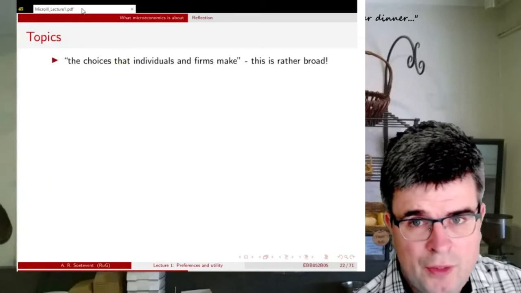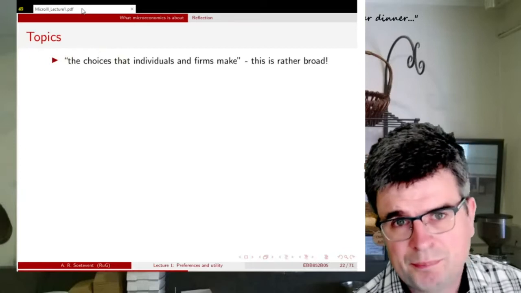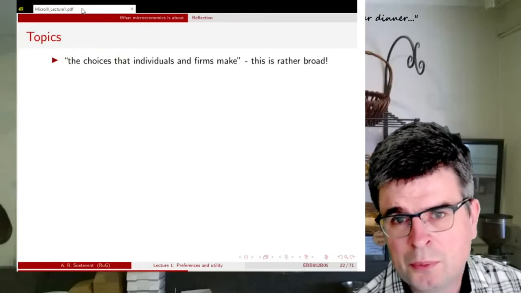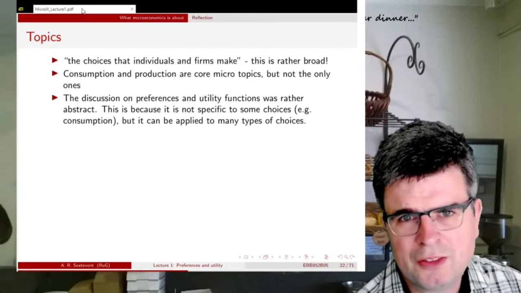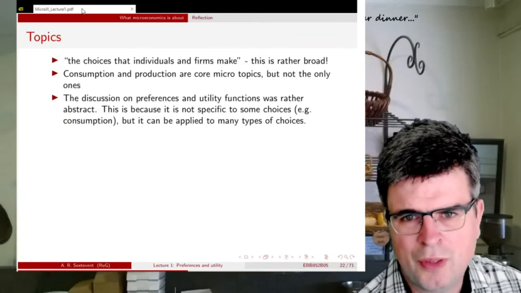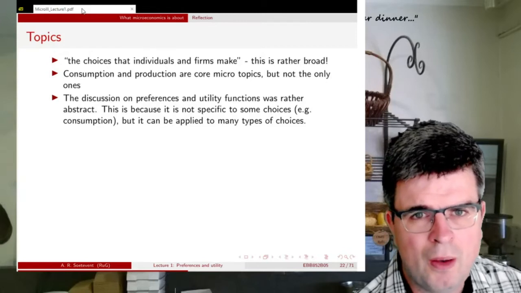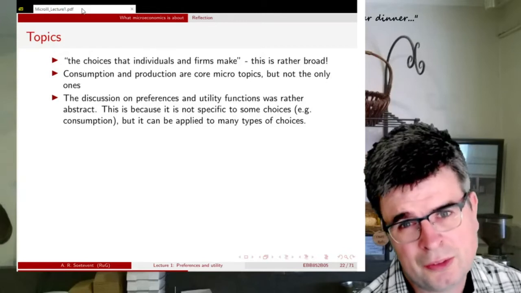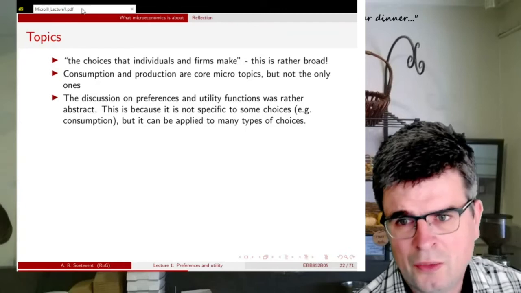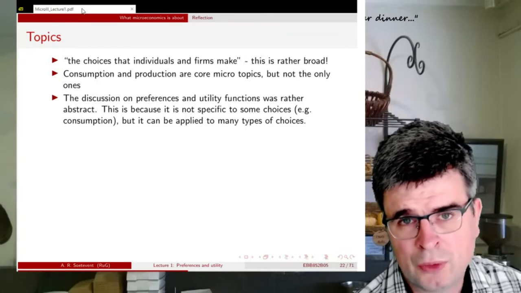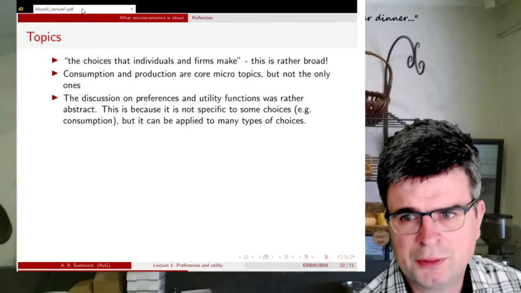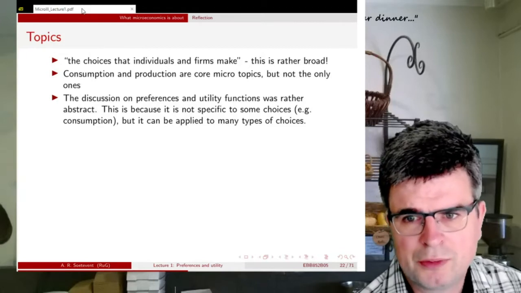As said, we study individual choices. That's really rather broad, and economics has also been called imperialistic because of that, and it's not without reason, because our methodology allows us to study a lot of different choices. Now, we will focus on consumption choices and production choices, but these are not the only ones.